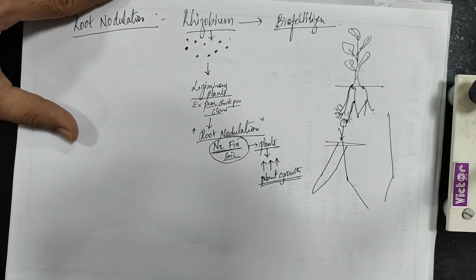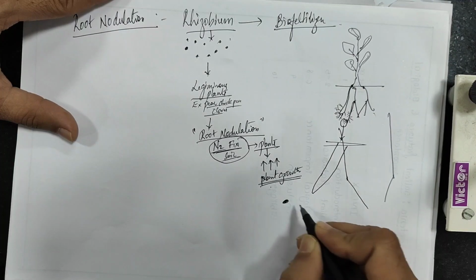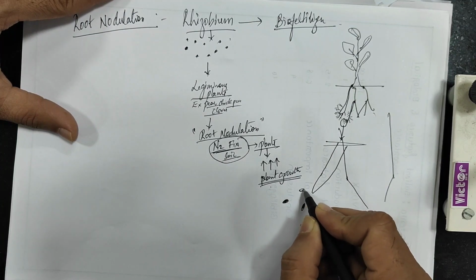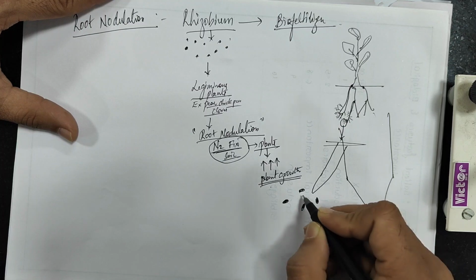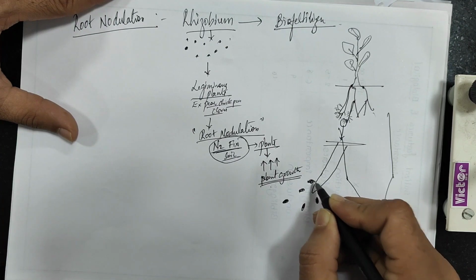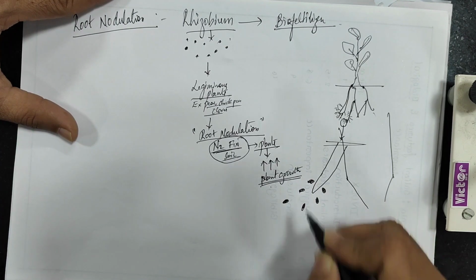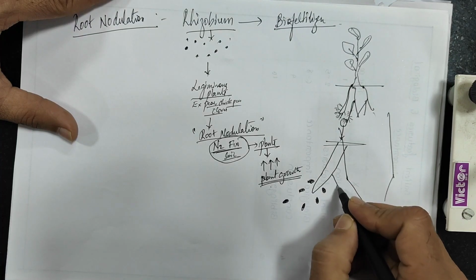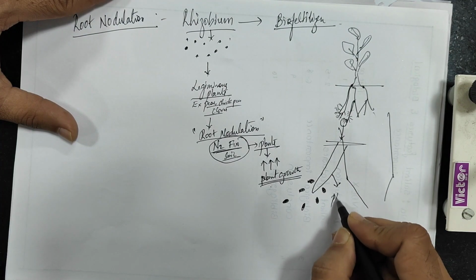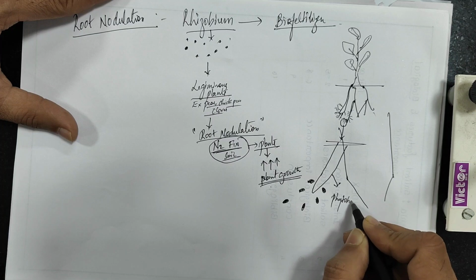And what happens here is the bacteria Rhizobium comes closer to the root hair. The reason is this root hair is capable of secreting phytohormones.